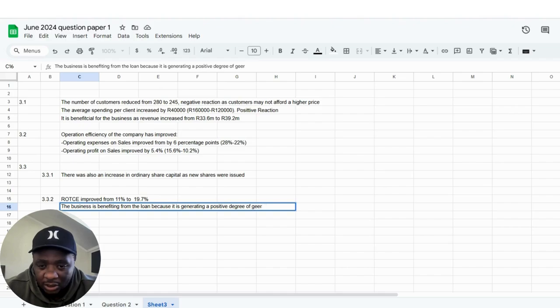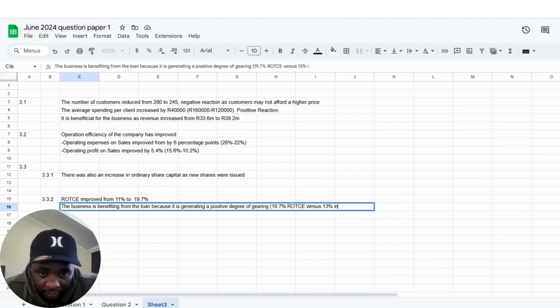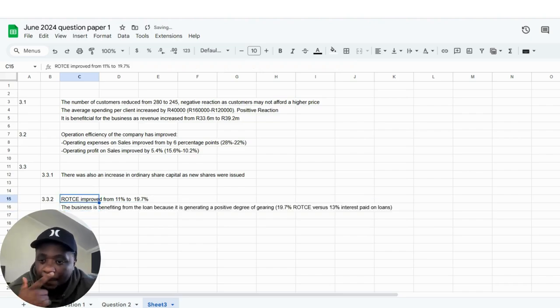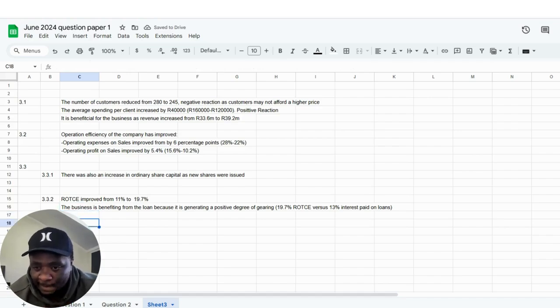That's what you call it. So a positive degree of gearing, and then you're basically going to say, to quote it, that we're generating 19.7% ROTCE versus 13% interest paid on loans. All right. So yeah, that's what you would need to say.